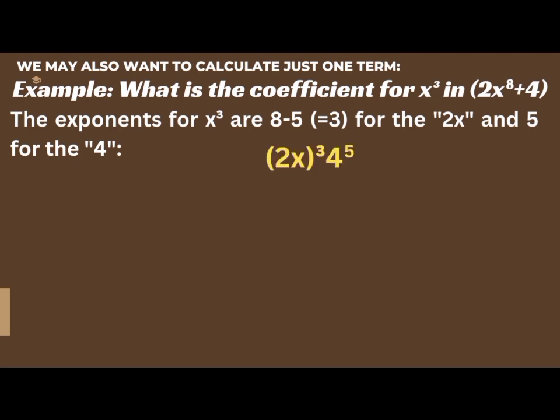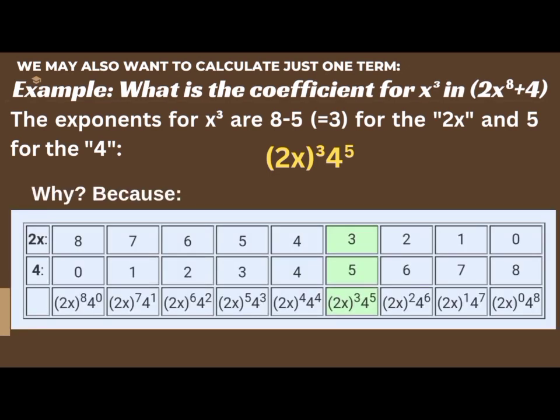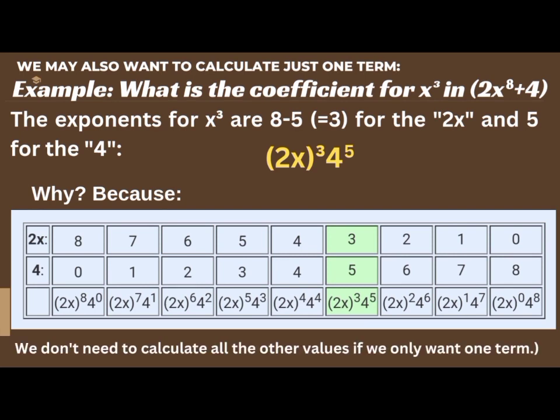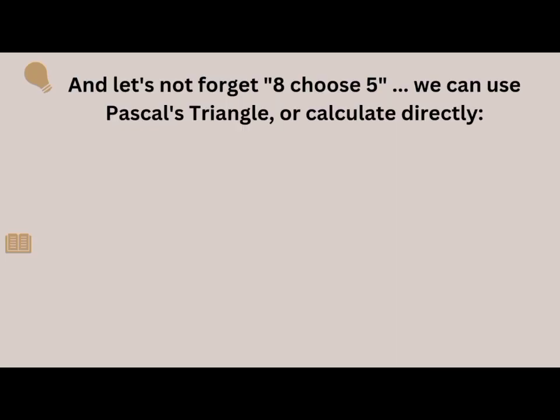It is (2x)^3 times 4^5, based on Pascal's triangle and the steps from the examples. We don't need to calculate all the other values since we only want one term. And let's not forget 8 choose 5, because 8 minus 5 equals 3, which is the exponent of the x cubed term that we want.